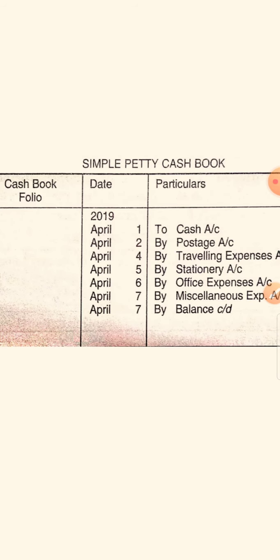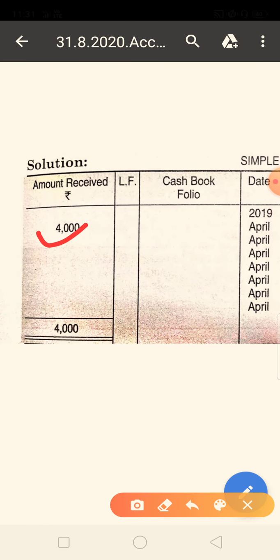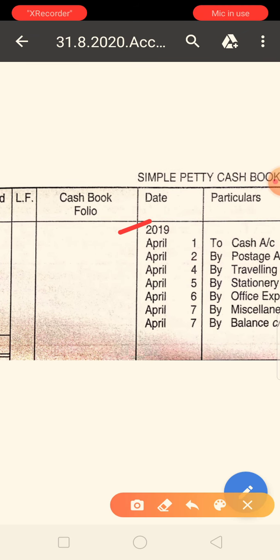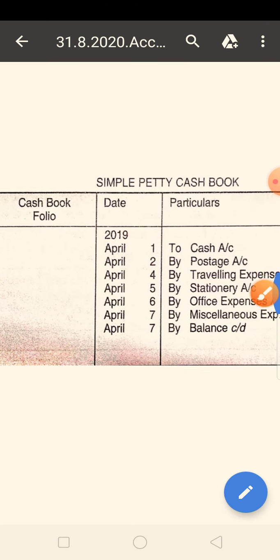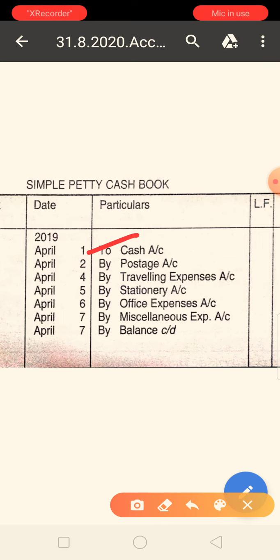In the solution we can check that in the amount received column we will write the 4000 rupees that we have received. The date is 1st April 2019, which we have recorded here, and there is To Cash, because if cash goes out, at present you will think भाई पैसा तो आ रहा है petty cash book में, but according to the petty cash book we will not think that way.